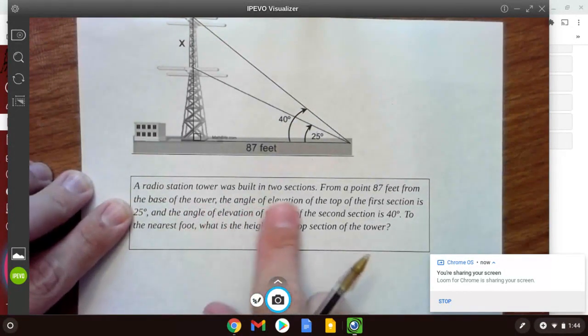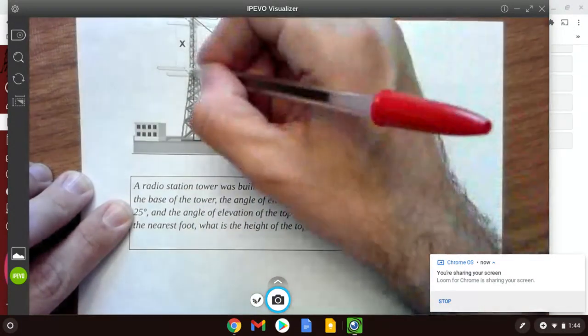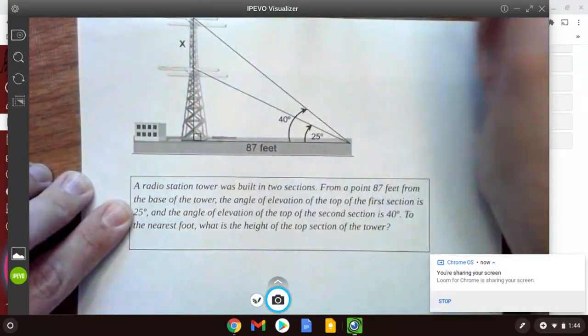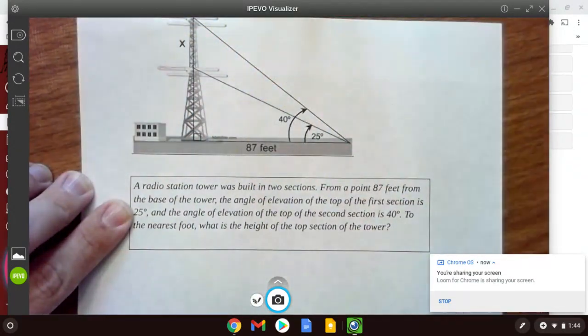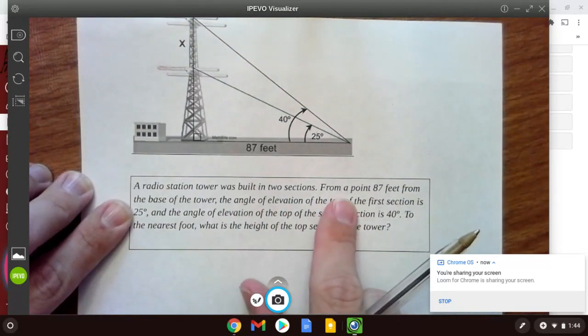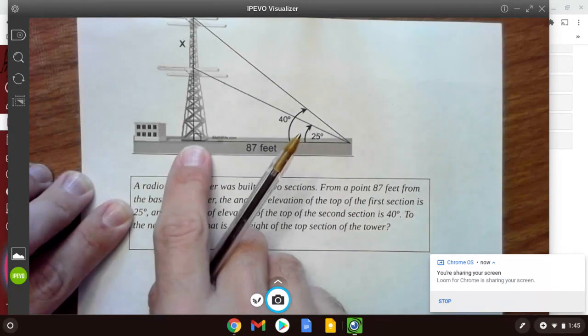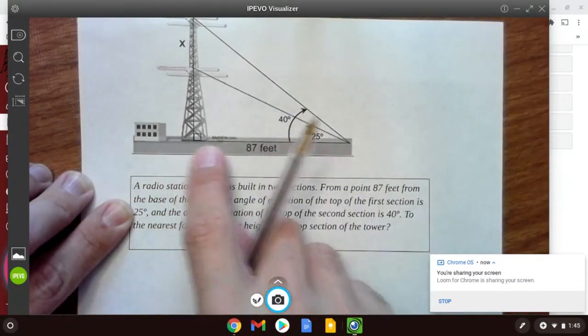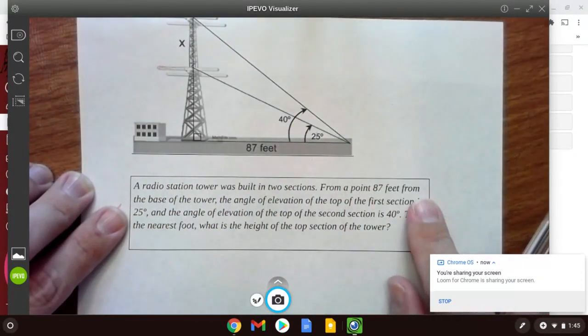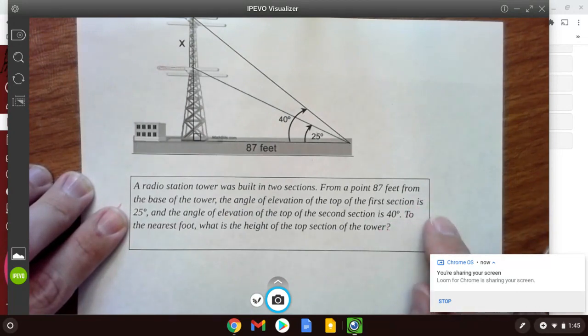So a radio station tower was built in two sections. That height would be the first section, that height would be the second section. From a point 87 feet from the base of the tower, the angle of elevation of the top of the first section is 25 degrees.